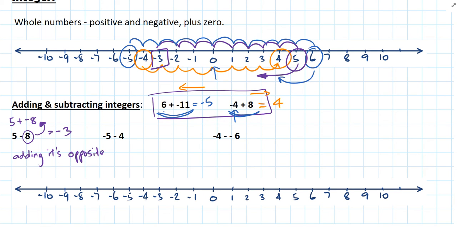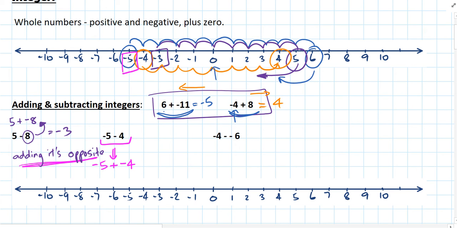Let's look at the next question, this one here. So negative 5 minus 4. If we were to change that into an addition, this becomes negative 5 plus, and what is the opposite of 4? It's negative 4. Okay, so you're adding its opposite, if you want to convert a subtraction to an addition. So negative 5 is here.